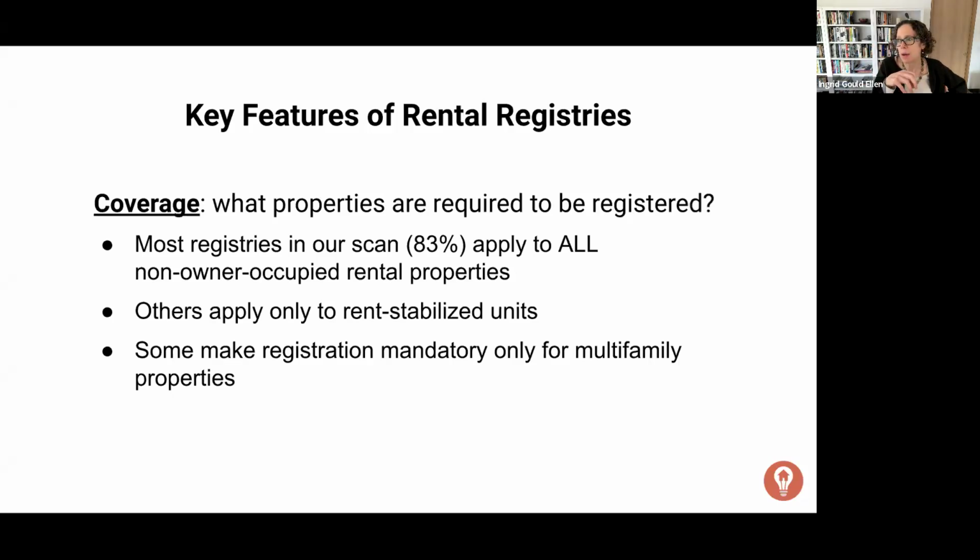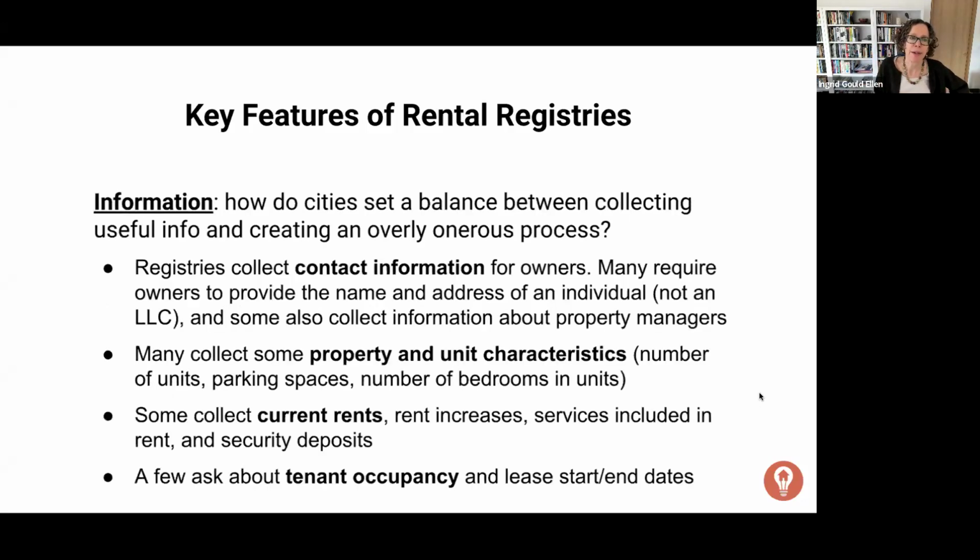A few were mandatory only for multifamily properties, with definitions varying, but above 4 or 5 units or more. It's interesting that cities have to think about the right balance. As a researcher, I want to collect as much information as possible, but I also want to be careful not to make this too burdensome either on owners or on city officials.